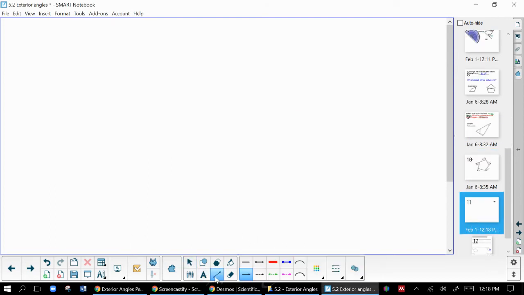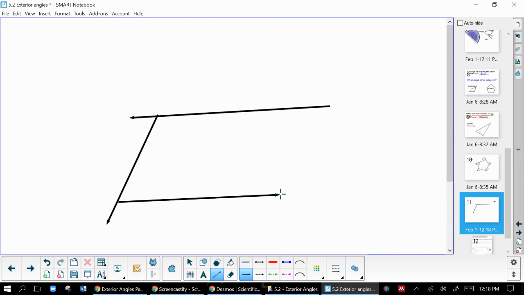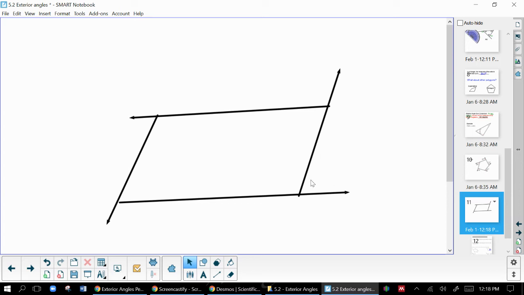Other examples, go ahead and put that down. Let's say I had a quadrilateral. Now, I'm not always going to get the interior angles exactly. So sometimes I might have something like this.